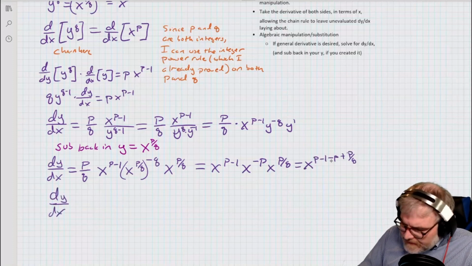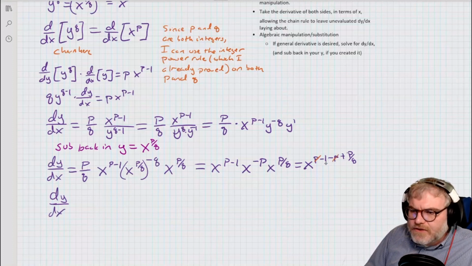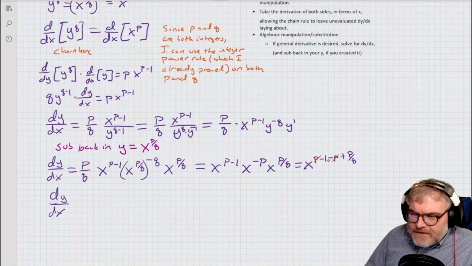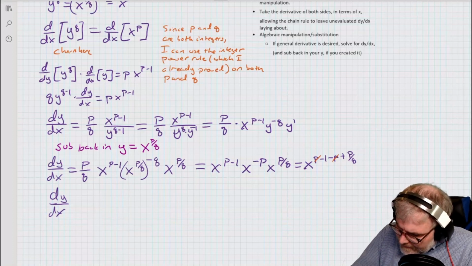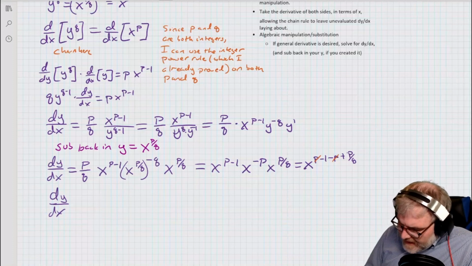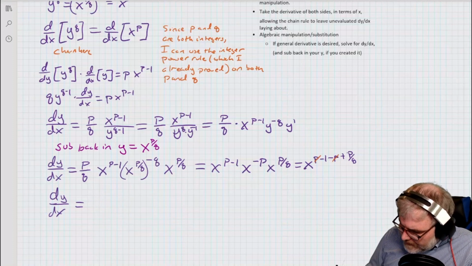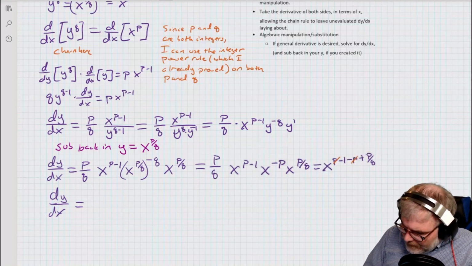Now, look at what happens to these exponents. This one goes away. Those two cancel. Those two become a 0, right? p minus p is 0. And I've got a p over q positive and a negative 1 there. So thus I get dy over dx equals x to the p, I'm sorry, I lost my p over q, didn't I? I forgot about him.